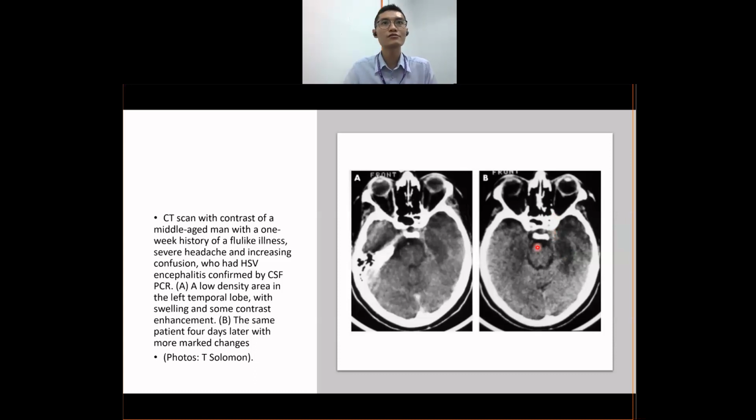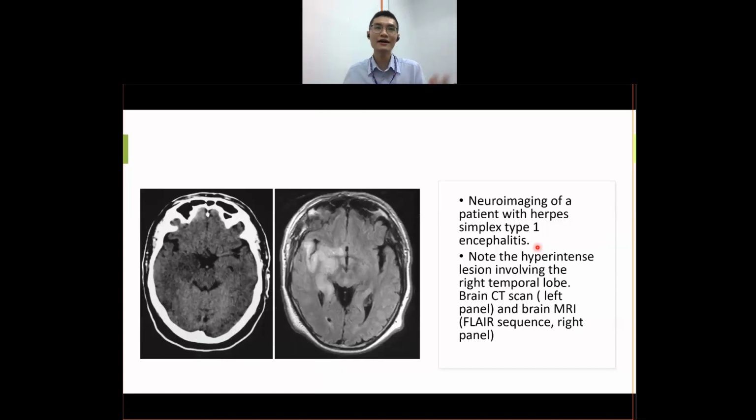Nowadays we have MRI, which is easily available in our hospital. This is an MRI showing you the exact location in a patient with herpes simplex virus encephalitis. On the CT scan, you might not see very clearly because the CT scan is only black or white, very crude.